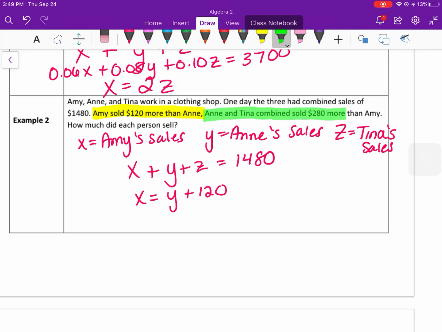Then the next one was Annie and Tina combined sold $280 more than Amy. So Annie and Tina combined means that you're adding Annie and Tina's sales, so Y plus Z, and then that was equal to 280 more than Amy, which would be Amy's sales plus 280 more.